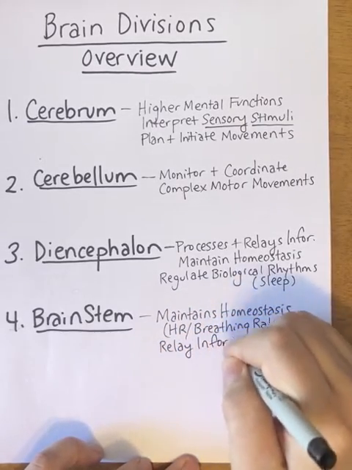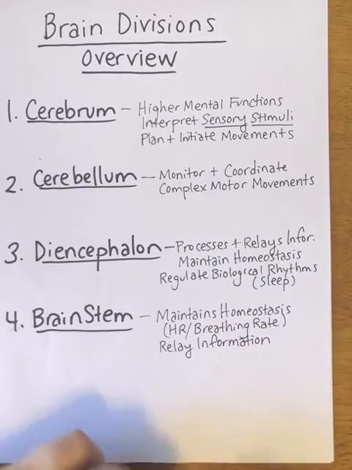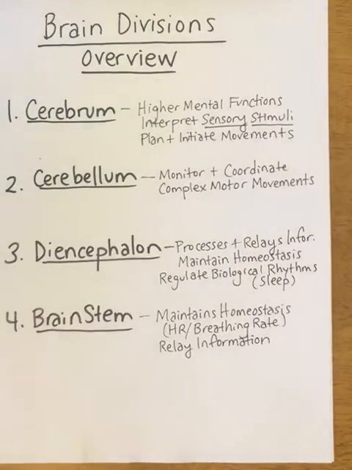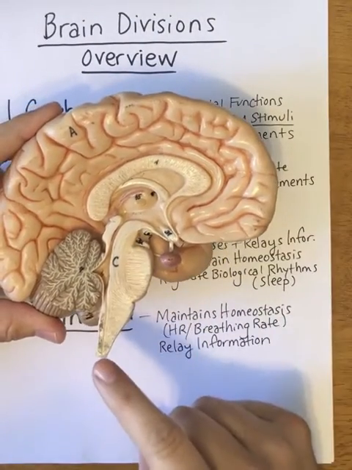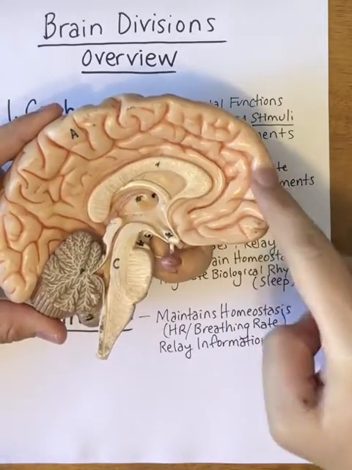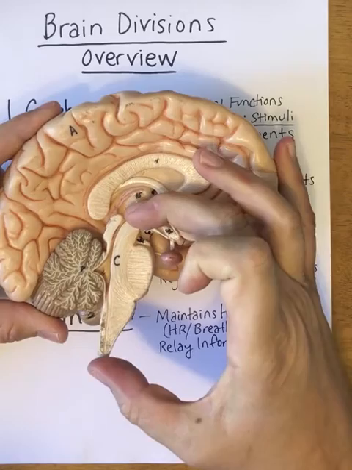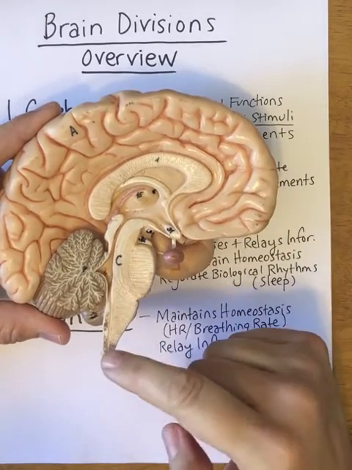Now, when I say relays information, it's relaying sensory and motor information up and down. So, when we talk about the cerebrum, information has to travel up your spinal cord and get to your cerebrum, to the appropriate area. So of course the brainstem is going to be a sensory and motor relay.